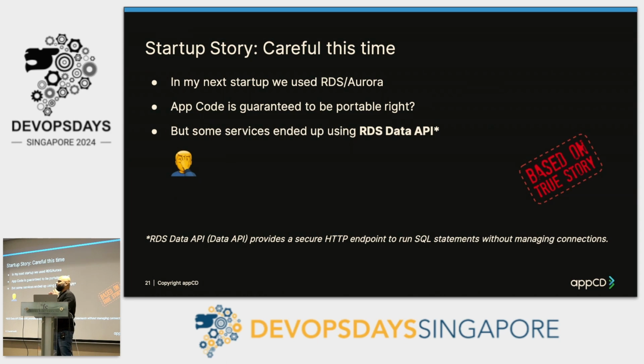So you have to make an HTTP POST method call, and then you specify the query inside the post body, and then you get a very proprietary format result. Now that code, despite choosing AWS RDS, was not portable. So don't do that unless you have a very sound reason to do that.